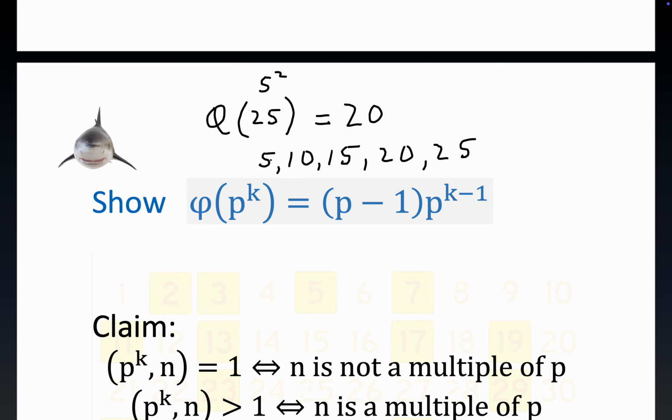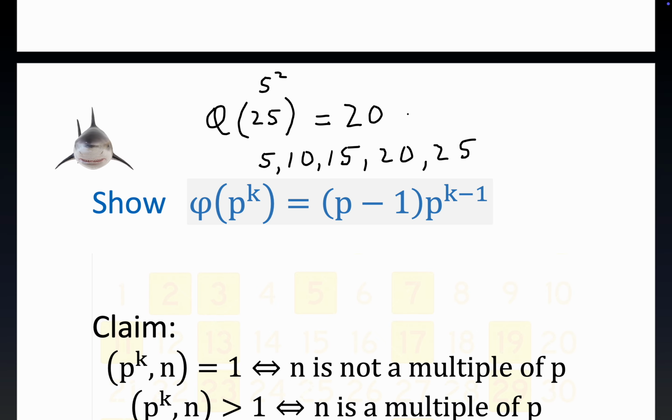These numbers respectively, if you take phi at 25, 5 would have a common factor of 5. 25 and 10 would have a common factor of 5. They wouldn't be relatively prime, right? So these 5 numbers are not relatively prime to 25, so they have to be subtracted from 25.